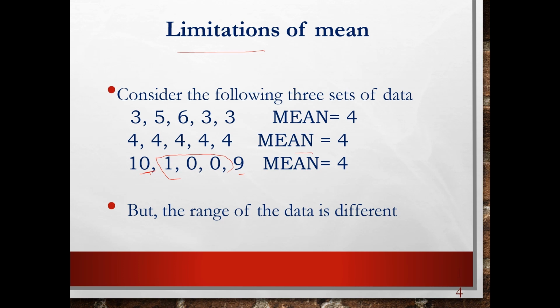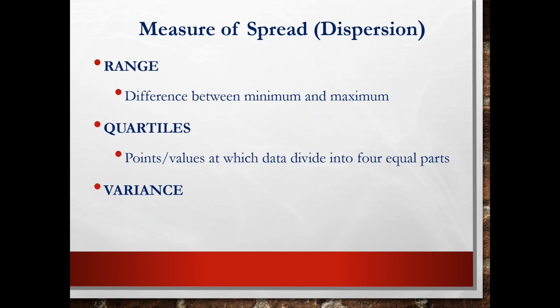For these 3 examples, even though their means are the same, the range will be totally different. So we are extending our analysis to incorporate measurements of spread as well, or measurements of dispersion. The simplest measurement for talking about the spread of the data is the range, that is the difference between the minimum and the maximum of the data.